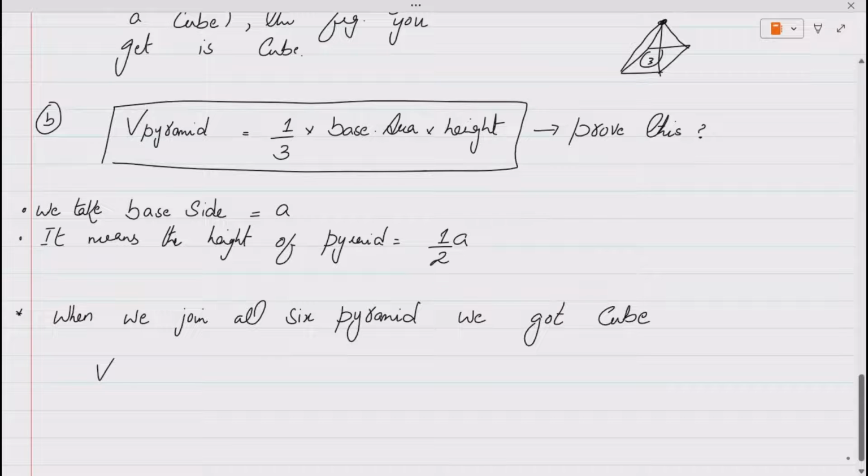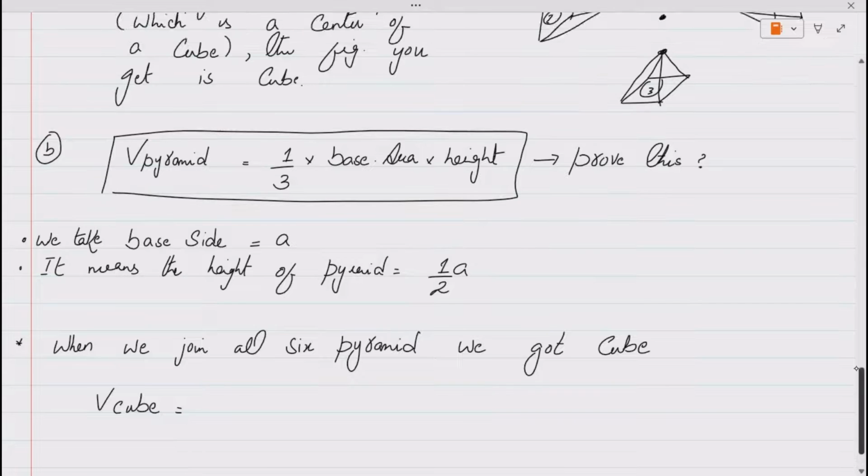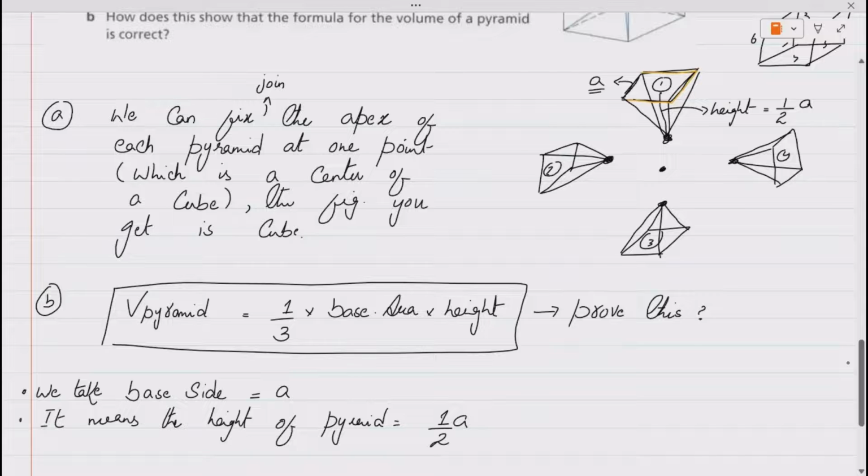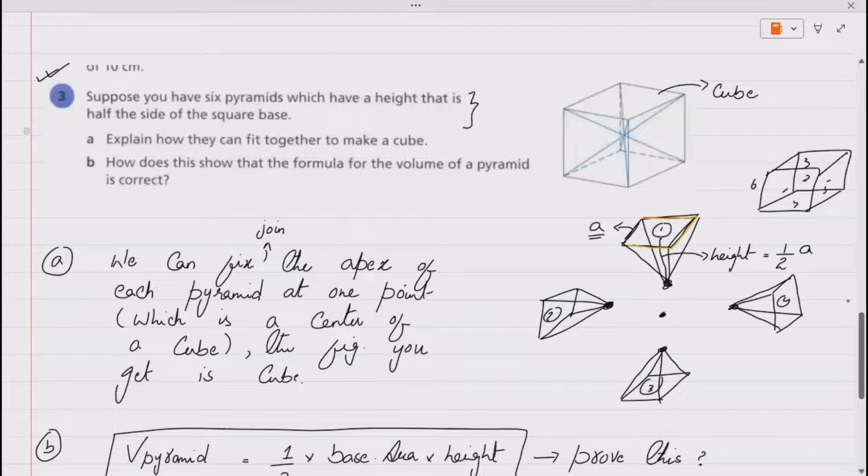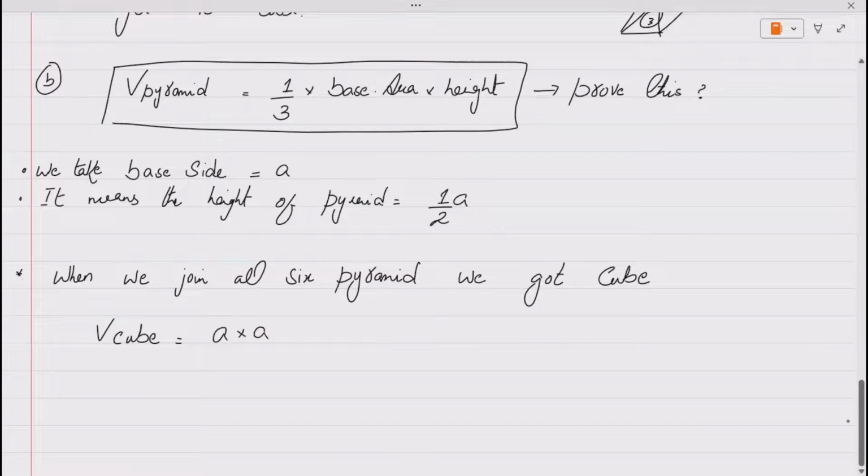Since each side is A, and when we join them together, we get this cube. So this side is A, this side is A, this side is A. So volume of a cube is length, breadth, and height. So A multiplied by A multiplied by A, right? So we got A cube. So this is the volume of a cube.